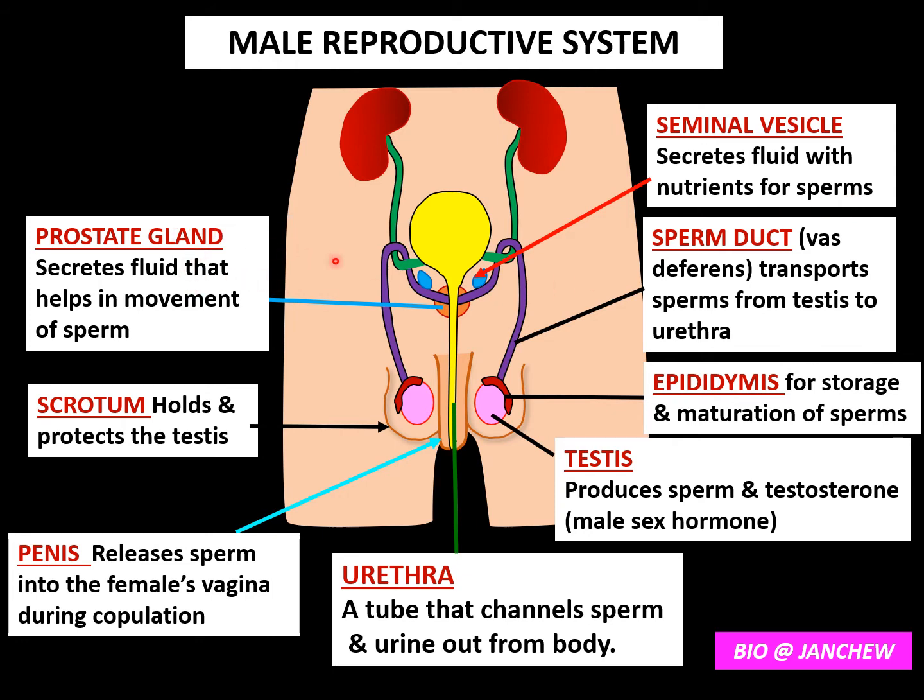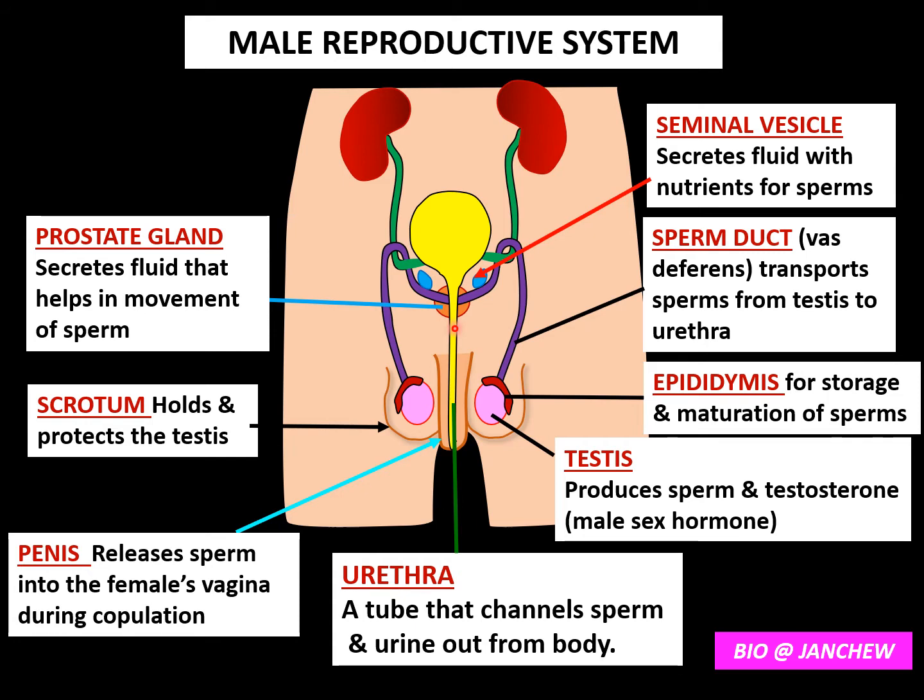Then the sperms will also pass through the prostate gland, which secretes fluid that helps in the movement of the sperm. Okay, and below the prostate gland there is another gland called the Cowper's gland or bulbourethral glands. It's not shown here, but this will be stated in the notes afterwards.